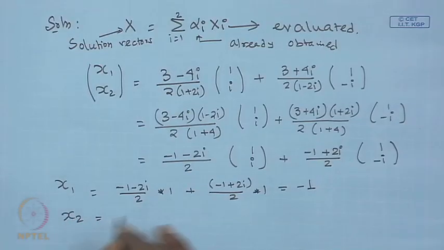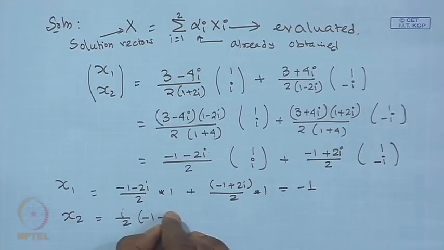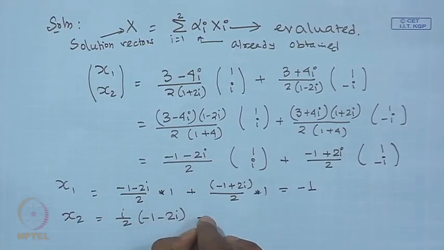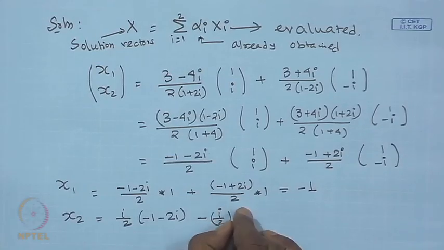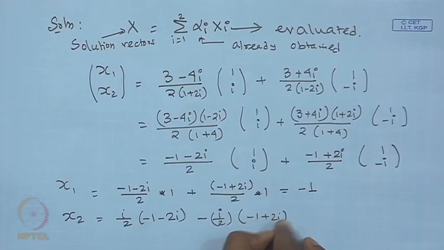Similarly, x 2 will be I by 2 times minus 1 minus 2 I, plus minus I by 2 times minus 1 plus 2 I. So, this will become 2.